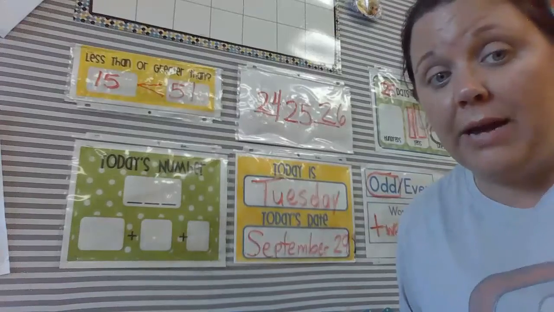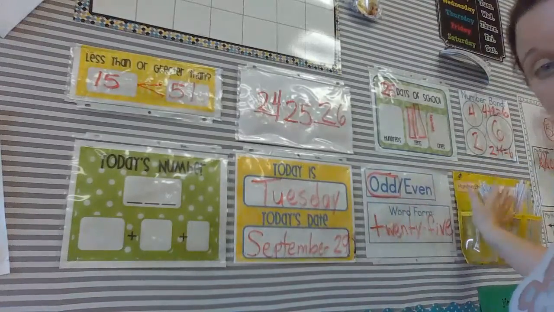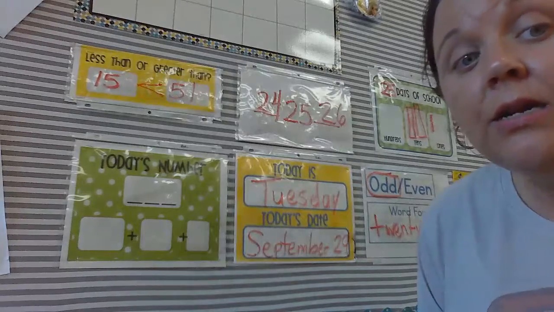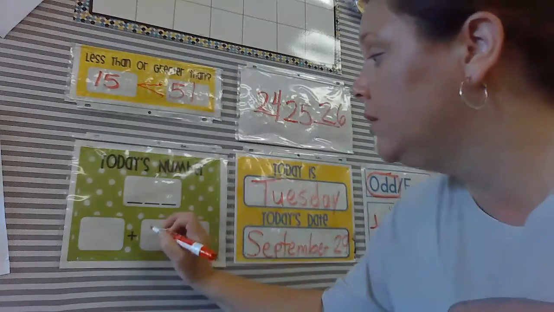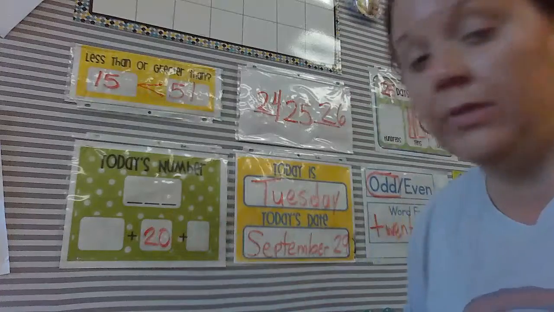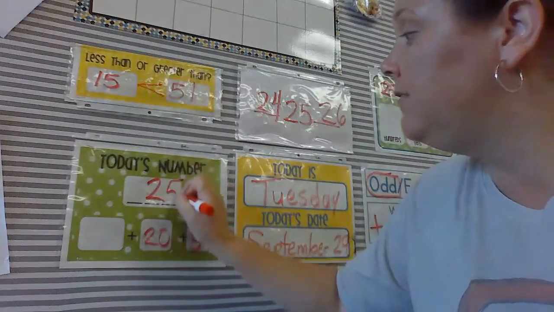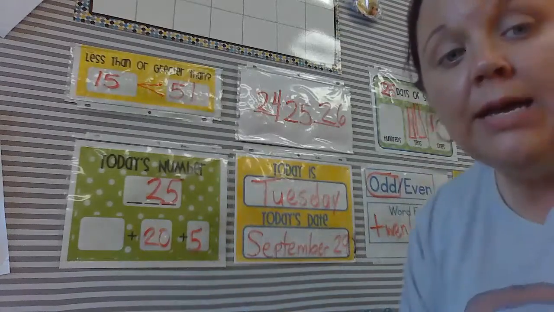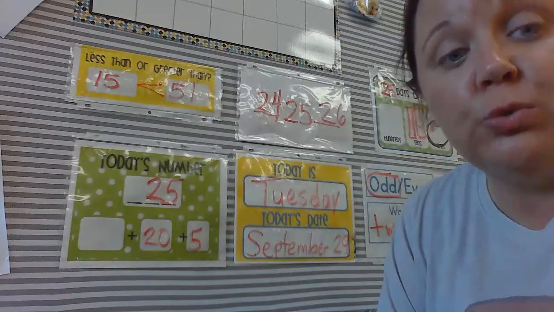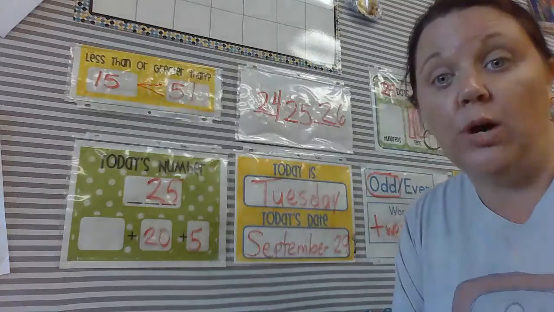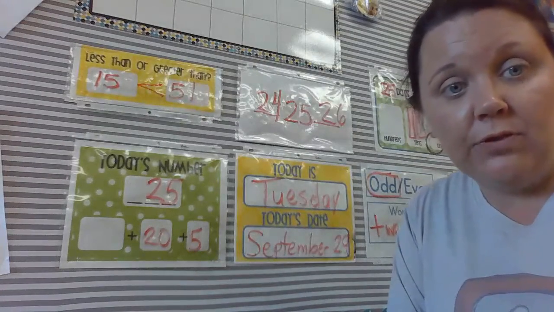That's not the total amount. There's not 2 straws in that tens pocket. There's not 2. There's 20. So you write the value. So you write 20 plus 5 equals 25, because the number 2 in the tens place represents a 20, and the number 5 in the ones place just represents a 1. So that is our math board for today.